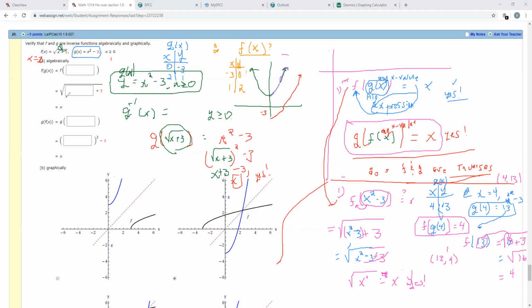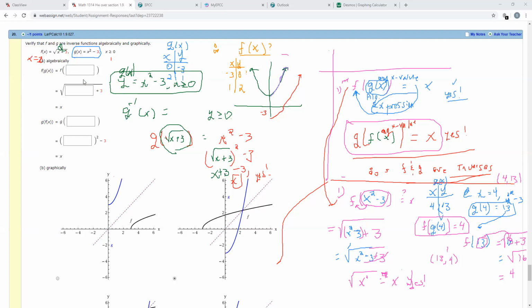Okay, so now let's just fill in these blanks, and then we can move on. And hopefully I won't go this slow, and we can continue. So what about this one? They want us to check f of g of x. That's what we did over here. So instead of a particular x value, we're going to say for any x value.